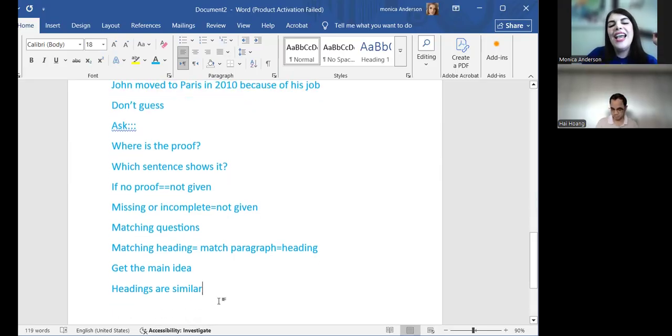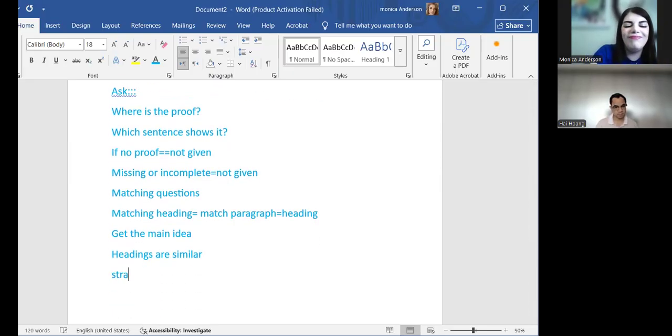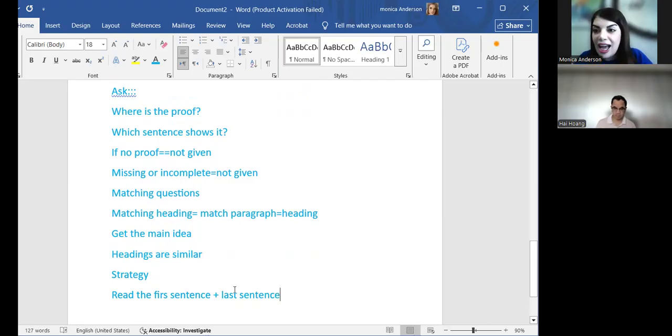But I have a strategy here. Pay attention. This one is really important. Read the first sentence and the last sentence. In this type of question, you usually find the answer in the first or the last line.